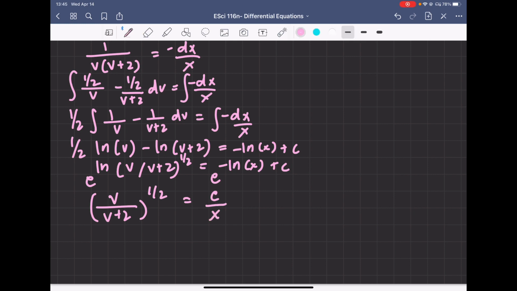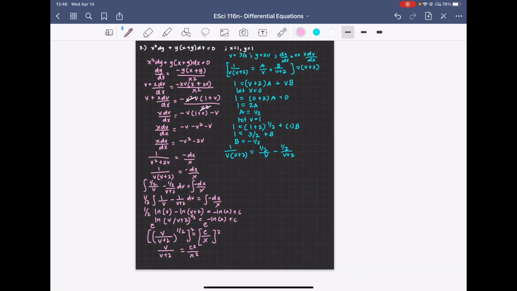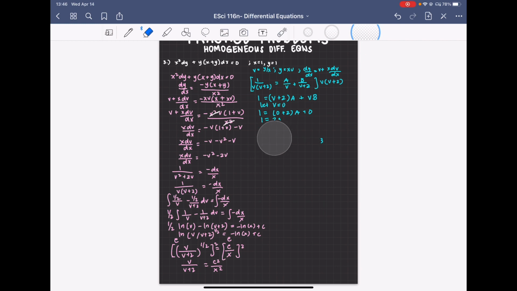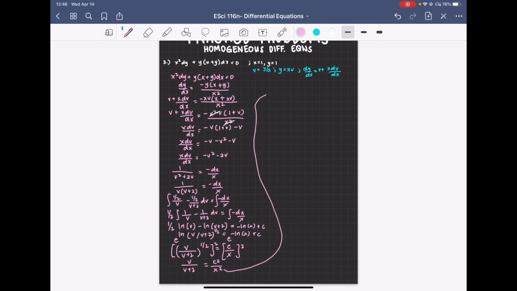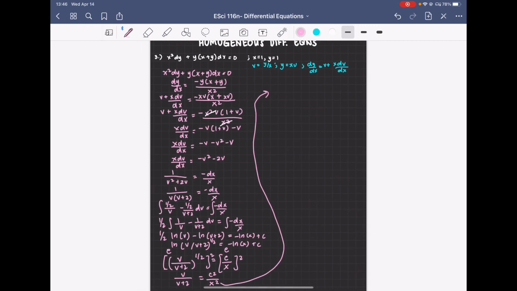Now we can square both sides to remove the 1/2. That's v over v plus 2 equals c squared over x squared. So let's just erase this here so that we have more space. So that's v over v plus 2 equals c squared over x squared.